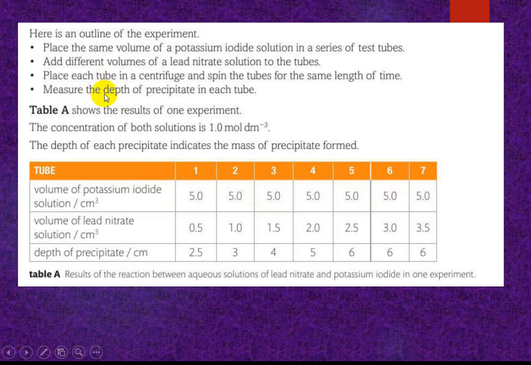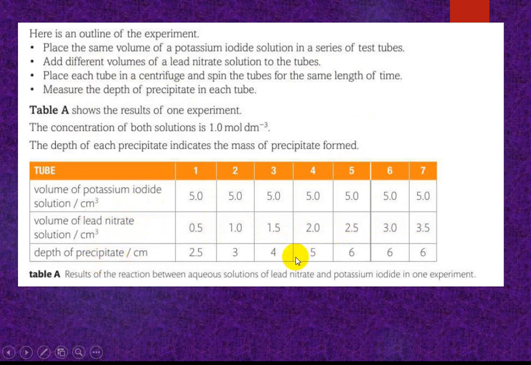So you place the same volume of potassium iodide in a series of test tubes. Then add different volumes of lead nitrate: 0.5, 1, 1.5, 2, 2.5, 3, 3.5.